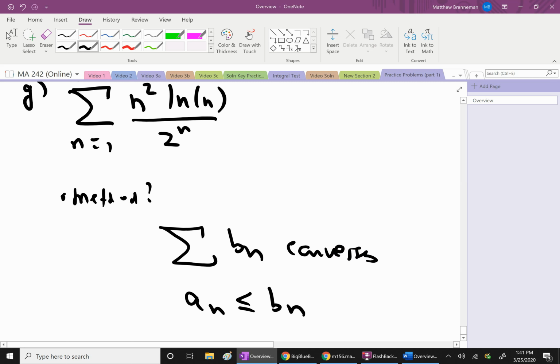This is what I'd like to find. Why? Because if I could find that, I could use the comparison test to automatically say that my series converges. Does that make sense, by the way?